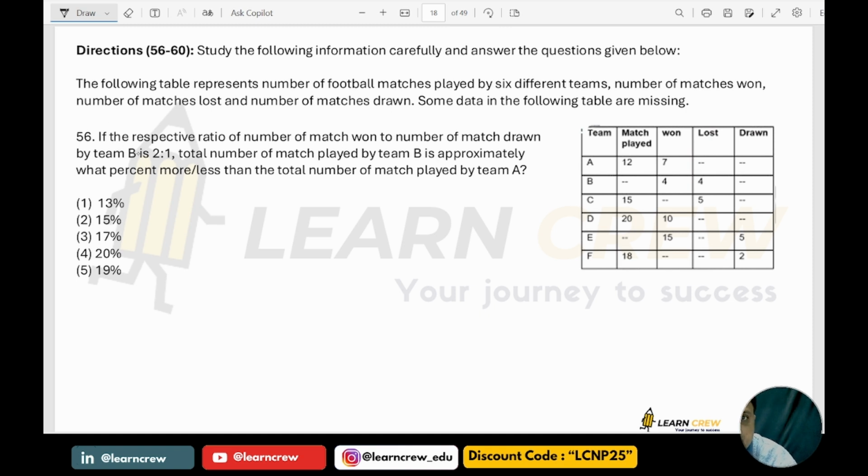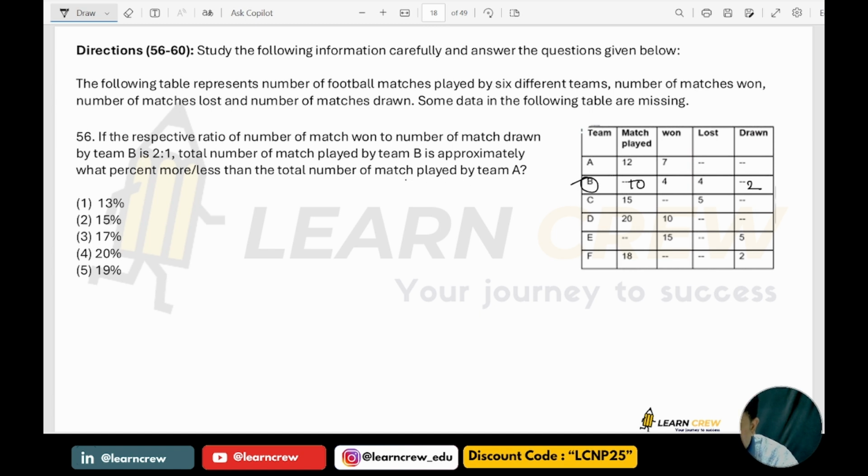So please see here question number 56. What is given? The respective ratio of number of matches won to number of matches drawn by team B is 2:1. If these are 4, these are 2, thereby total would be 10. The total matches played by team B is approximately what percentage more or less than total number of matches played by team A?